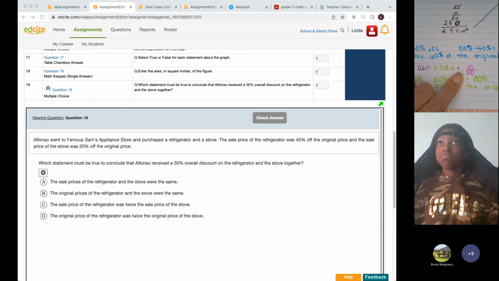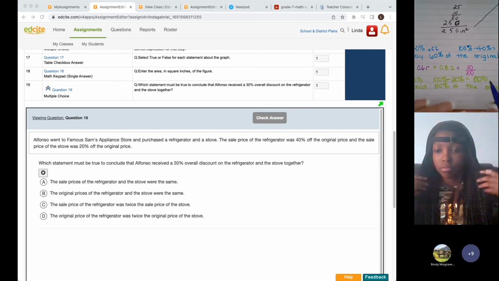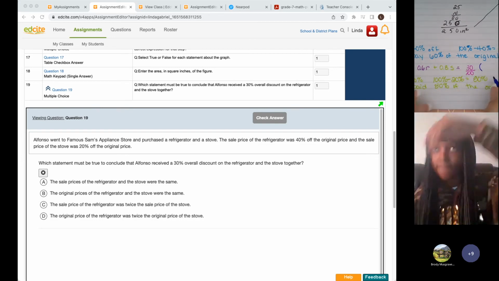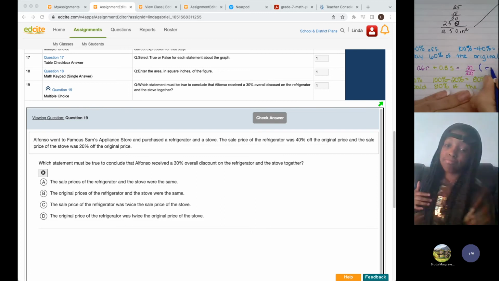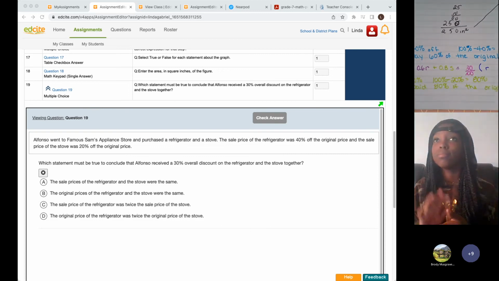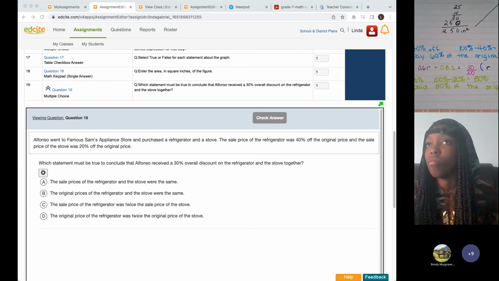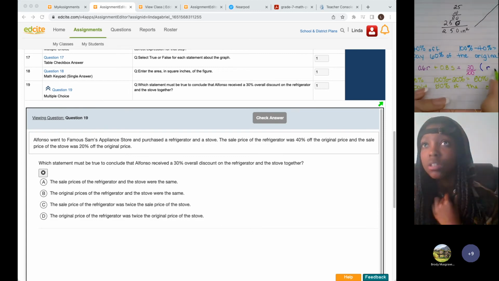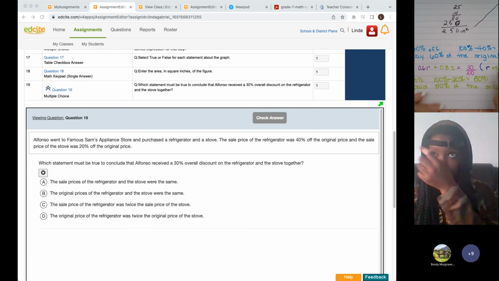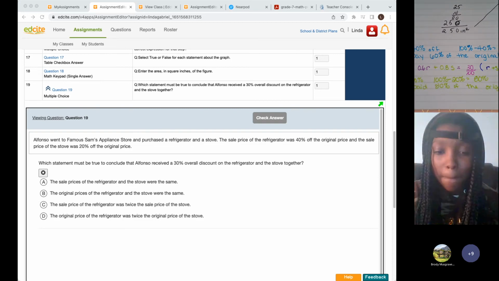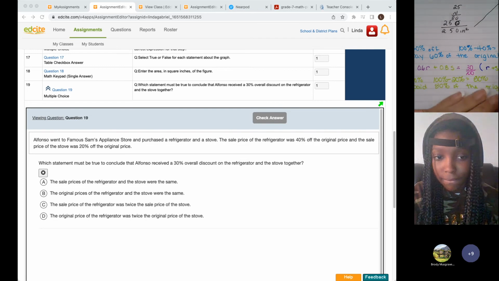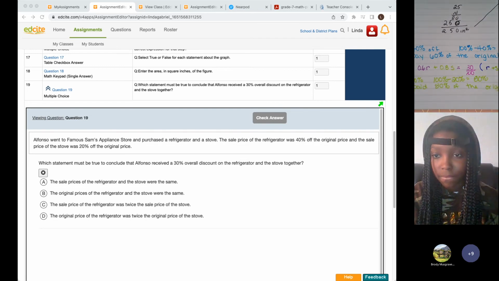Parentheses, because it's going to be the total of the refrigerator, R, plus S. Those are going to be the original values, because he wants to know that he got the overall discount of 30% of R plus S.